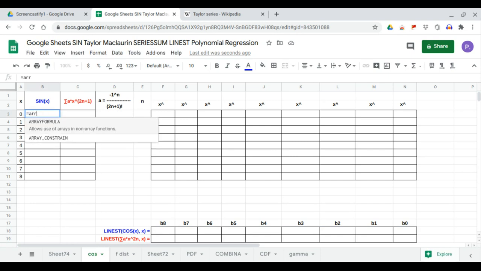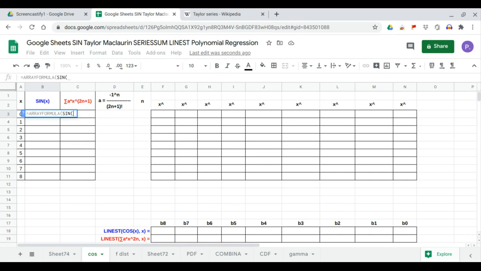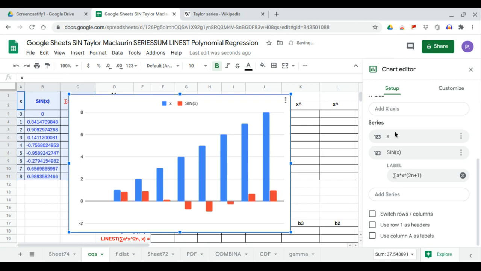So array formula, SINE of the x values. And we show the chart, the trend line and the trend line equation.